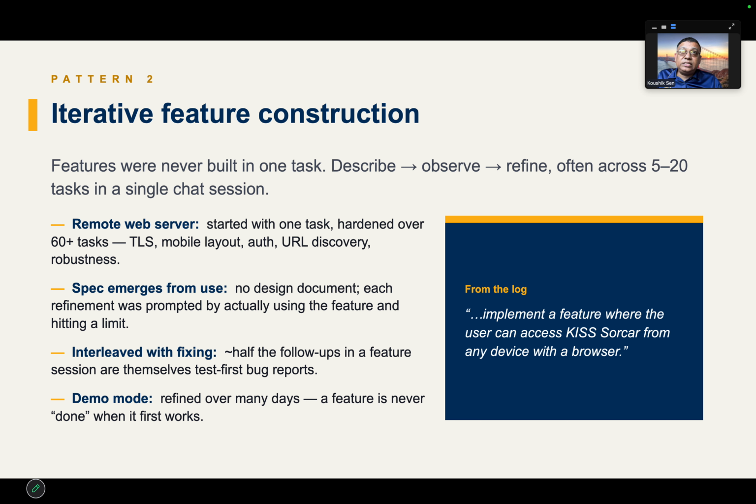Static specifications are useless in such cases. You have to do this kind of iterative construction using very small prompts, and that's what I did, and I managed to port it to the web.